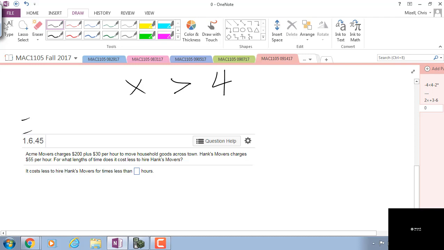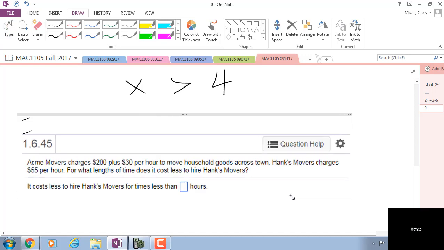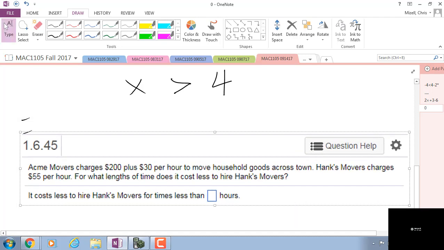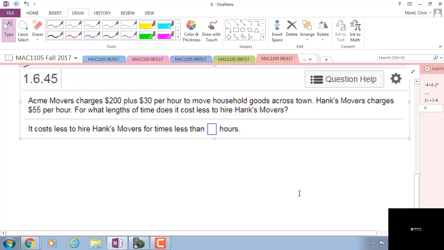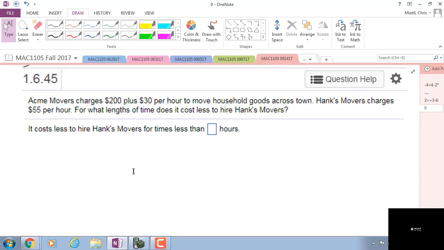There we go. Acme Movers charges $200 plus $30 per hour to move household goods across town. Does that sound like a fair price to pay? You have a house full of household goods and you want to move across town.